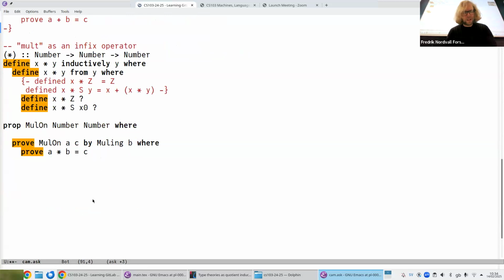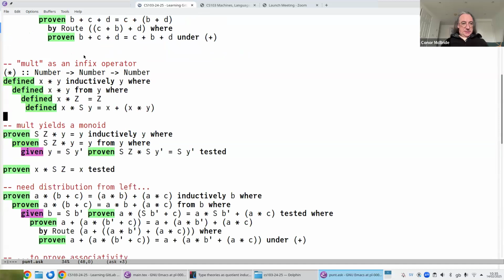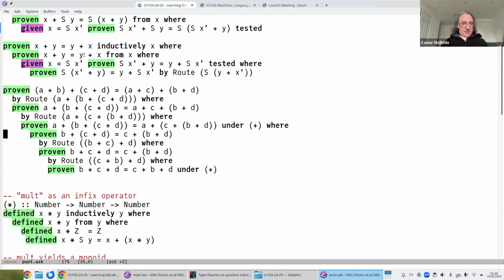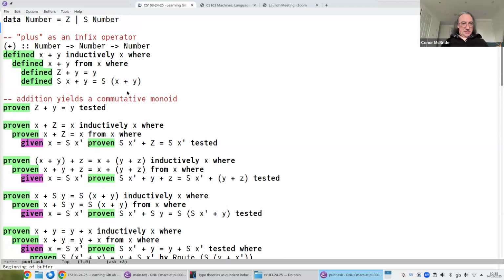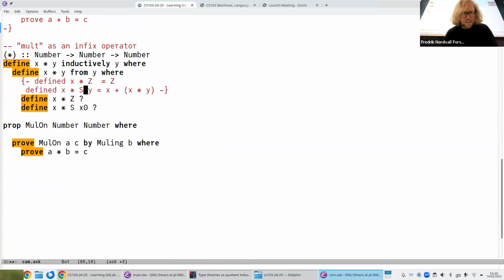Let's see if I accept that. Something went wrong with the definition of times. Why is that? That's mildly alarming, given that it comes from one we did earlier. Okay, let's actually look at the error message. Yeah, that's very peculiar.